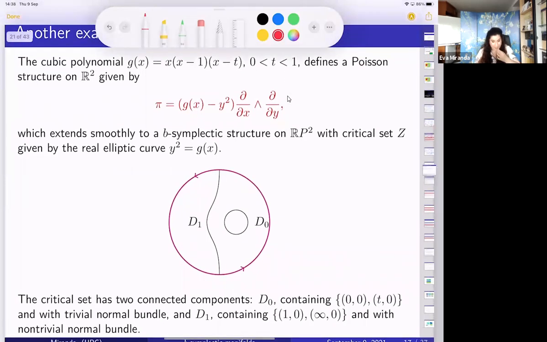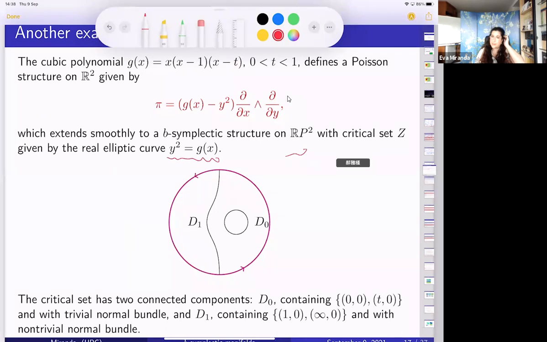I borrowed this exercise from my friend Marco Gualtieri. Okay, we can consider this on RP2. Then this would be an example of where you can put things on non-orientable objects if you want. And if you take this real elliptic curve, okay, then this descends in RP2 to a B Poisson structure with two different connected components.